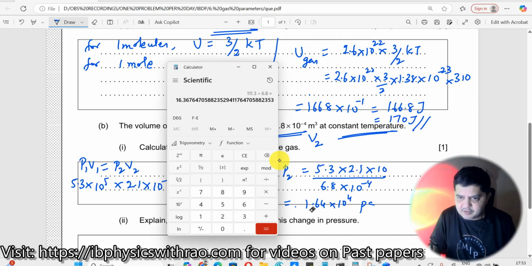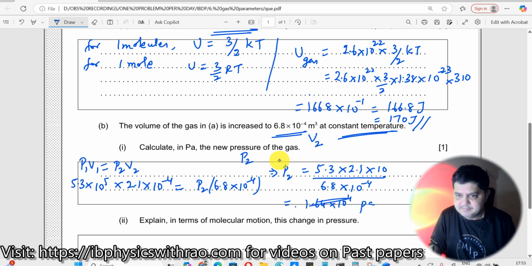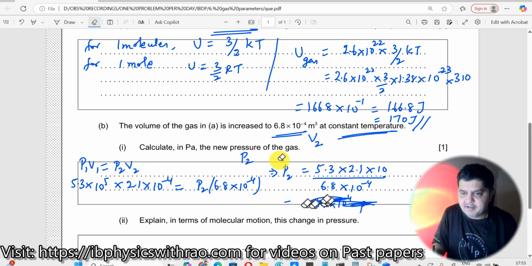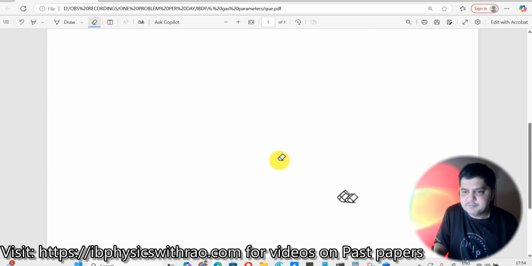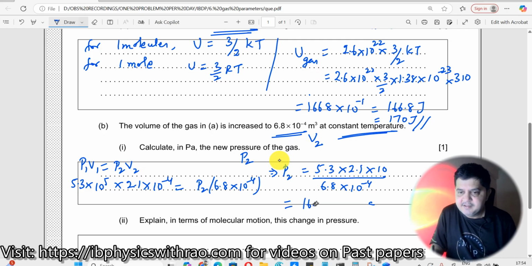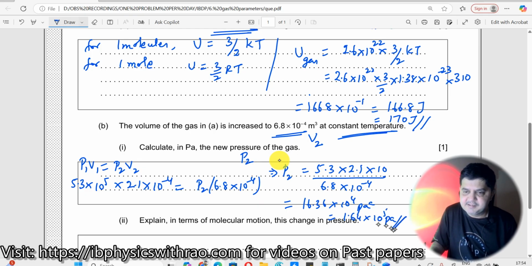Oh my God, that's what happens. Erase this and we write this once again. So I get the answer as 16.36 into 10 to the power of plus 4 pascals, which is equal to 1.64 into 10 to the power of plus 5 pascals. This is what I get.